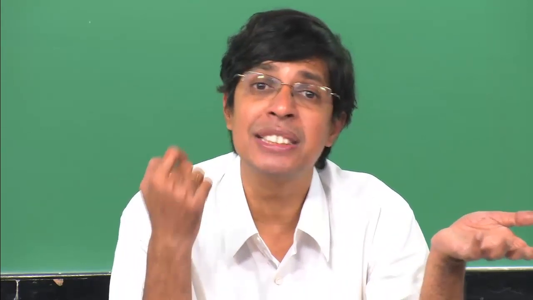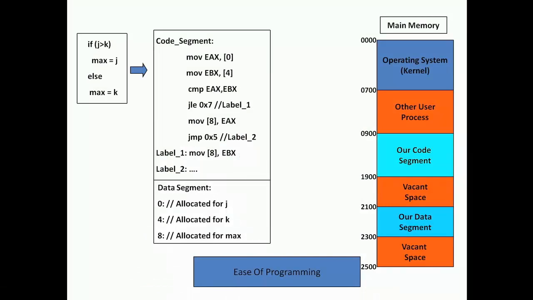A conditional branch is one where that branch is executed if some condition is true. For example, JLE stands for jump if less than or equal to. So, JLE 0x7 means jump 7 bytes away from me, right?